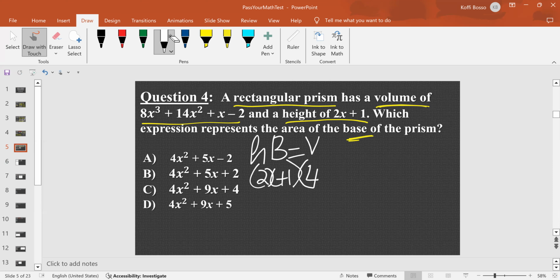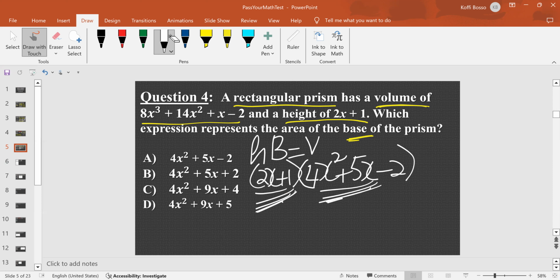So we're going to multiply by 4x squared plus 5x minus 2. So this is the height, 2x plus 1. I will multiply this by one of the bases. If I get the same volume, which is 8x cubed plus 14x squared plus x minus 2, therefore I will say, oh, the correct base is A. In case I don't get the same volume, I need to try with choice B, choice C, or choice D.